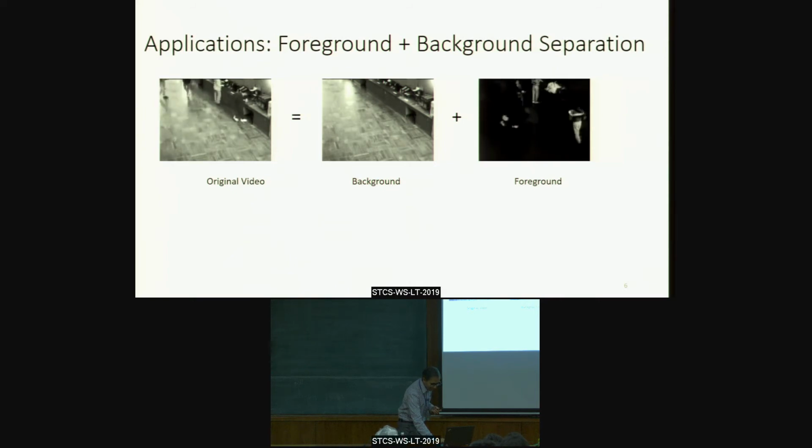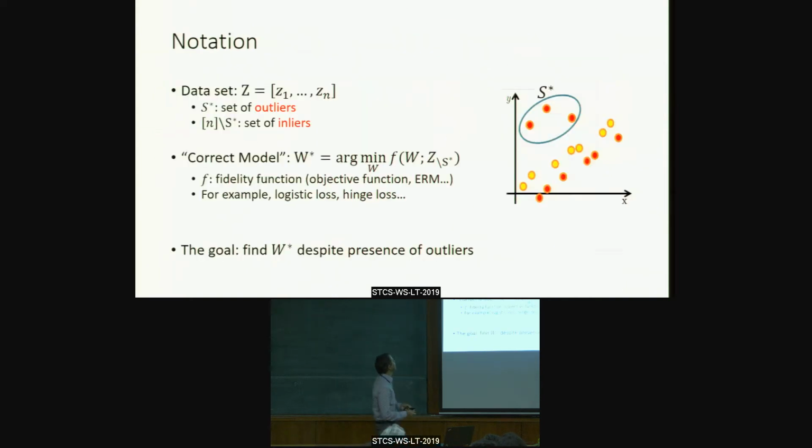All right. So let's set up some notation for learning with outliers. Suppose you are given a bunch of data points. Some of them are outliers. Let's call this set S star. The remaining points are inliers, and these data points, at least the inliers, are coming from some nice distribution.